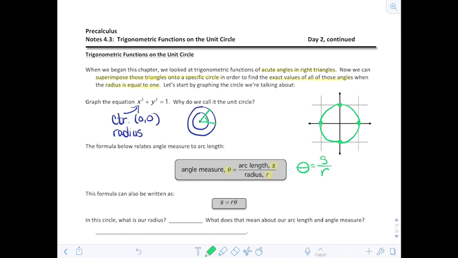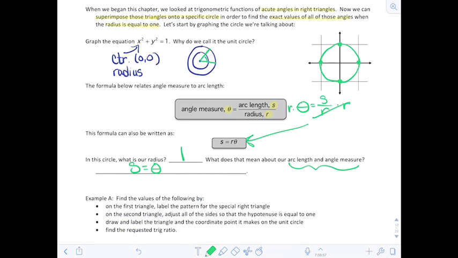But now let's look at this. If I solve this for s, I would multiply both sides by r. And so another relationship that we can see is this one right here, that the arc length is equal to the radius times theta. Well, in our circle, our radius is 1. And what that means for us is that our arc length and angle measure are going to be equal. So if radius is 1, we know that the arc length is equal to theta, our central angle.